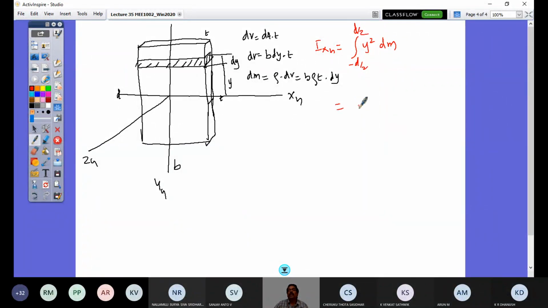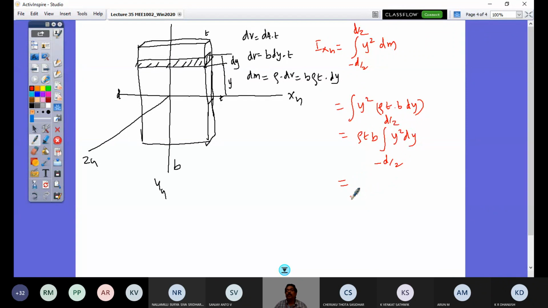So here y squared into dm is rho times t times b times dy. Rho is the density of the material forming the rigid body, t is the constant thickness of the plate, and b is the constant width. So I take rho t b out and I have the integral of y squared dy ranging from minus d by 2 to d by 2.